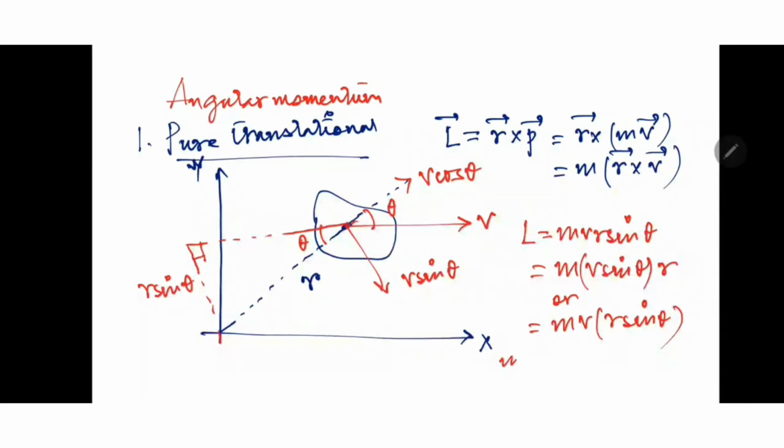That means either m into v perpendicular into r, or m v into r perpendicular. So this is angular momentum in case of pure translational motion.